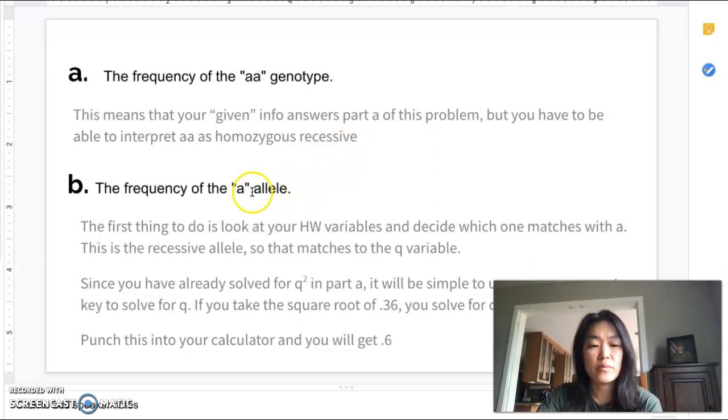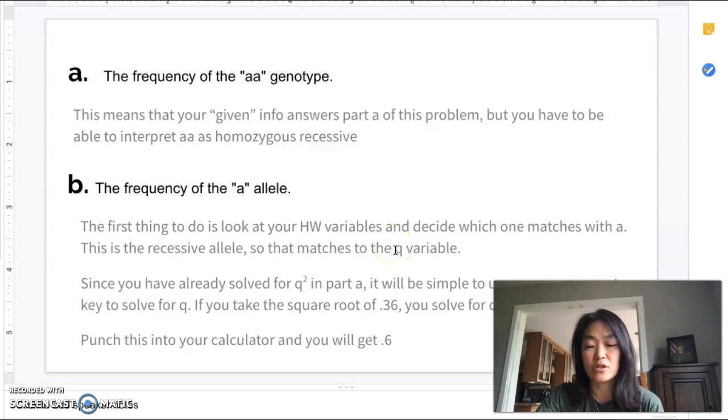Okay, let's move on to part B, the frequency of the lowercase a allele. Again, you're going to look at your Hardy-Weinberg variables. Isn't that the recessive allele when you see lowercase a? When you search through all of your Hardy-Weinberg variables, you're going to find that the recessive allele matches up to the q variable.